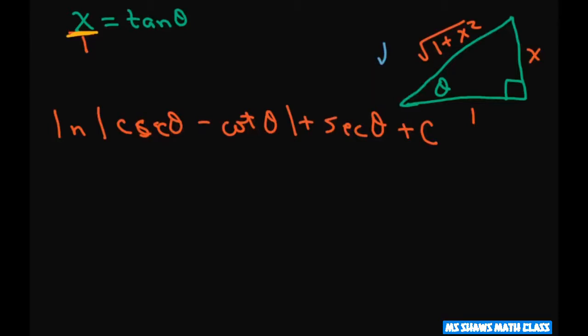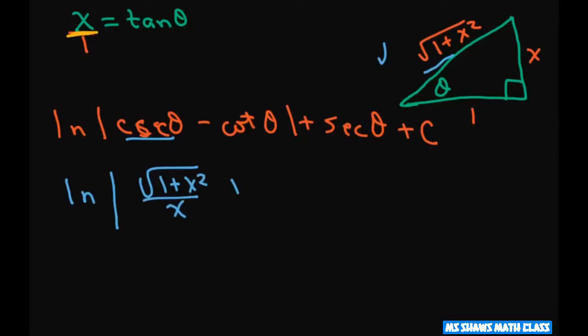And that's where we're going to use the triangle. So we're going to write ln, and then cosecant. Cosecant is going to be hypotenuse over opposite, so that's just going to be the square root of 1 plus x squared divided by x.